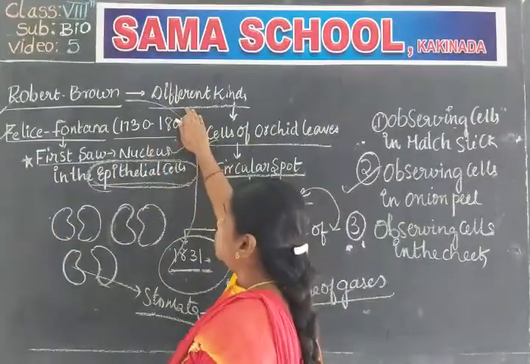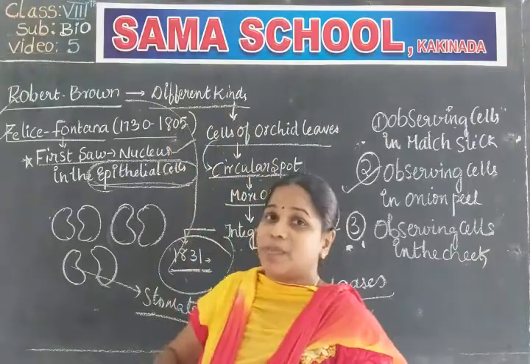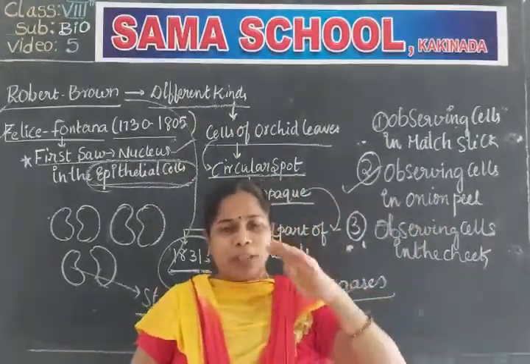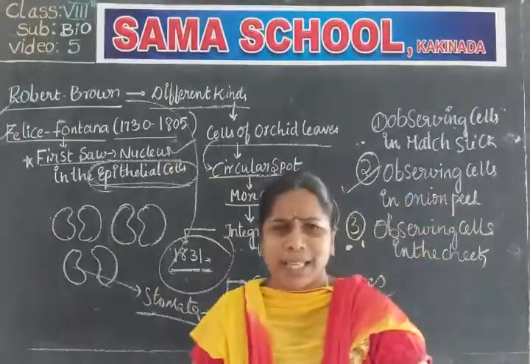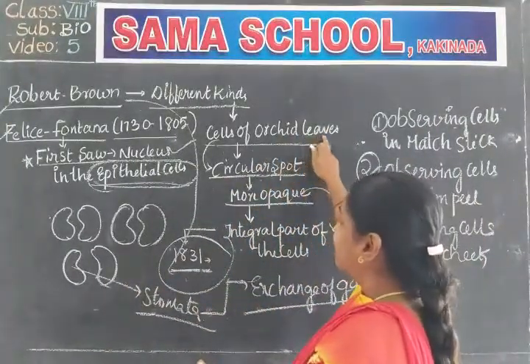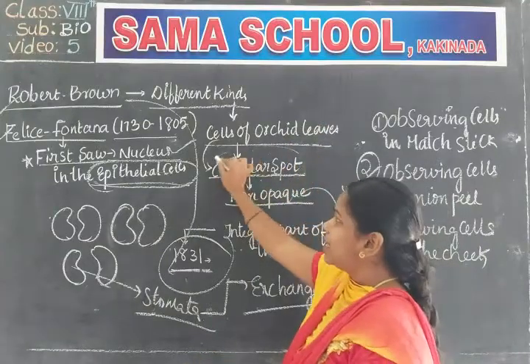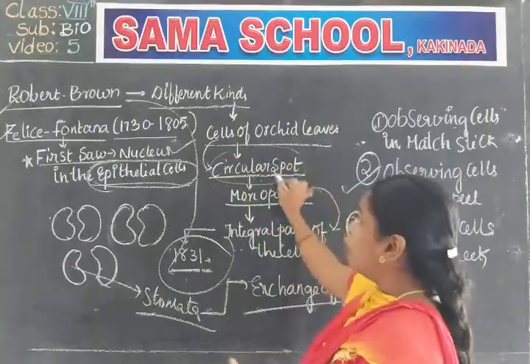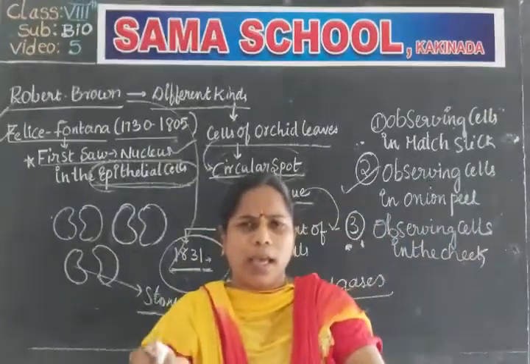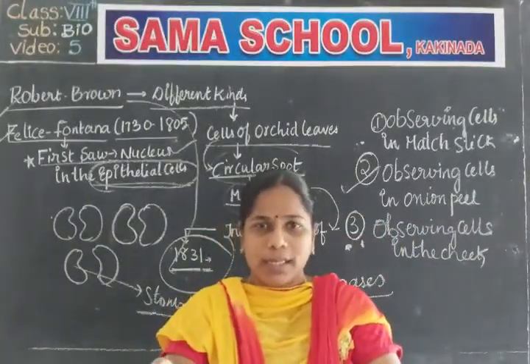So here he observed different kinds of cells. Understand? Different kinds of cells. Among them, he observed epithelial cells, so many cells. Among them, in the cells of orchid leaves, he observed a circular spot, more opaque, that you can see very clearly. Understand?